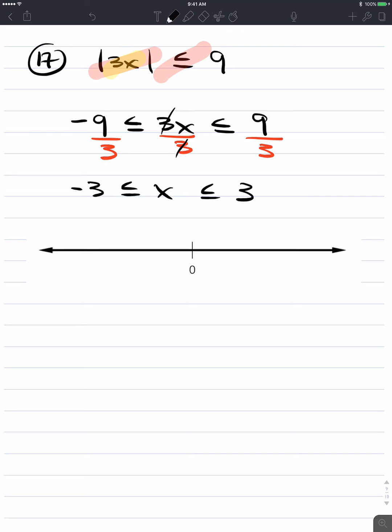Here's what it looks like. Start at 3, indicate where negative 3 would be, and shade numbers that are simply between these two.